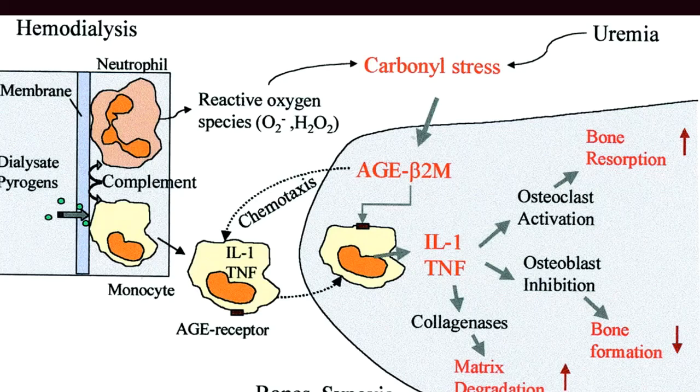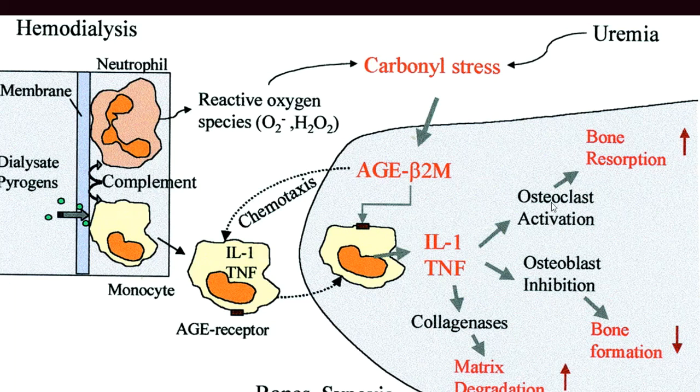This diagram shows how the inflammatory reactions of the blood membrane interaction can induce reactive oxygen species, as well as advanced glycation end-product deposition with the support of cytokines.